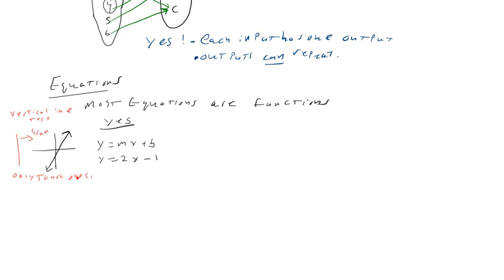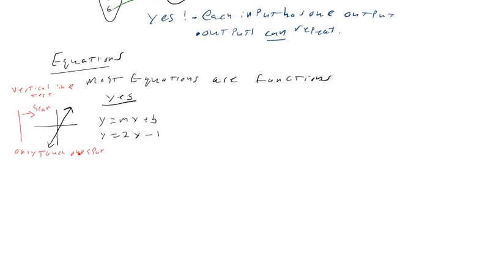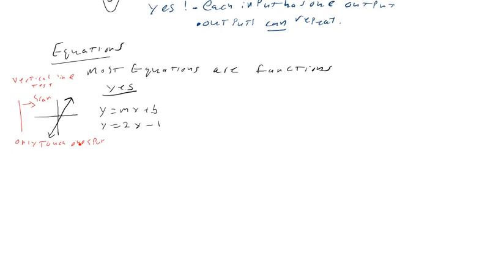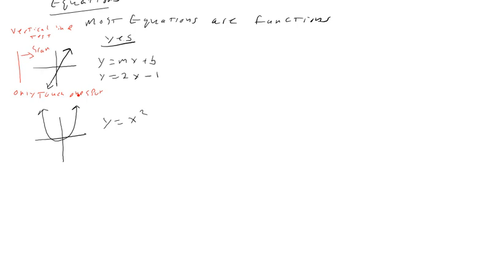Other functions that we have are our parabola, y equals x squared. Parabolas are also fine. Parabolas are functions, not a problem. Other things like y equals the square root of x.